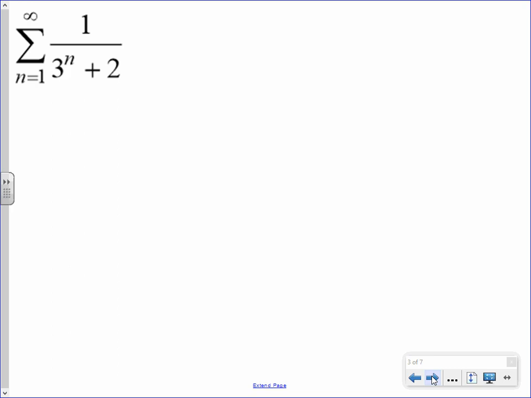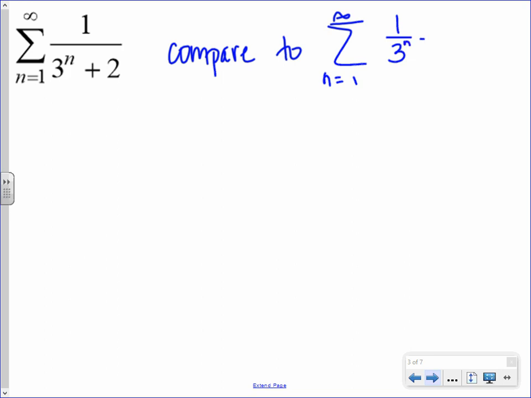Instead, what might be an obvious one to compare it to? Just compare it to 1 over 3. Okay. Compare to the sum of 1 over 3 to the n. Do you want me to put the n with just the 3? It doesn't matter in the form. Okay. Which is the same.